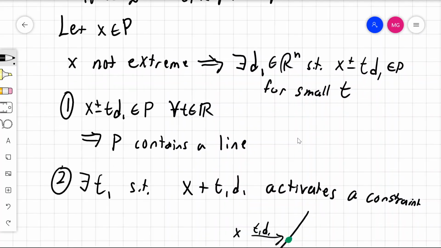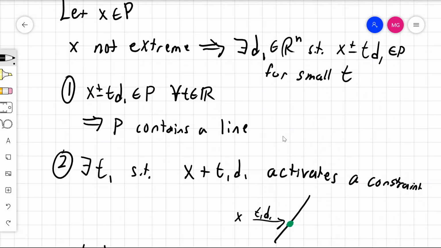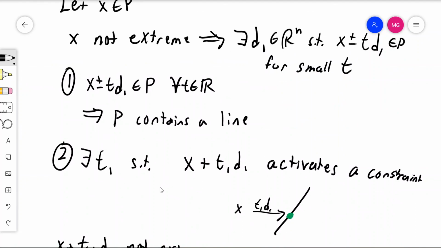But the other thing that could happen is that that's not the case, that we can only push so far in this direction, plus and minus d1. So possibility two, there exists some maximum amount that we can go in the direction of d1, so we can increase t only so much.